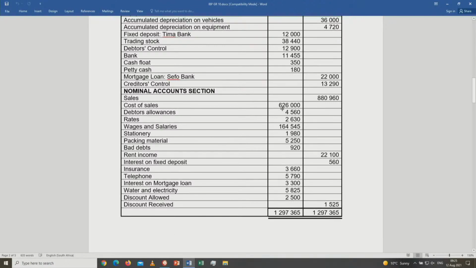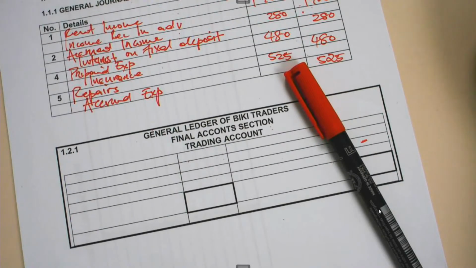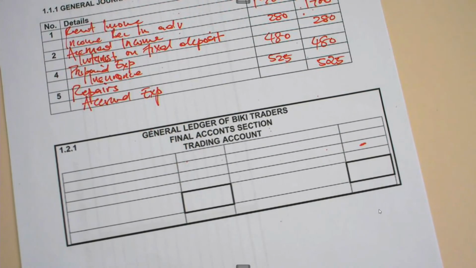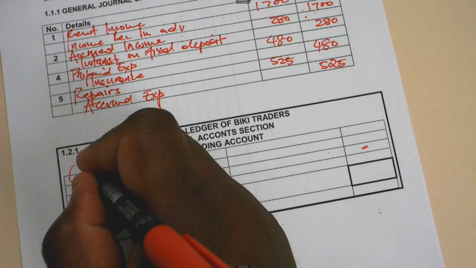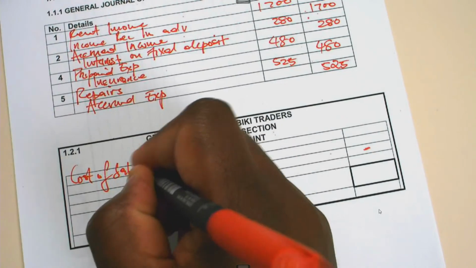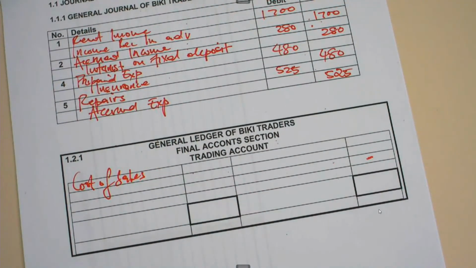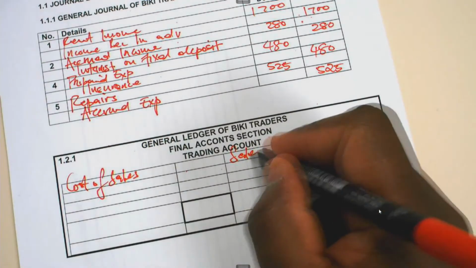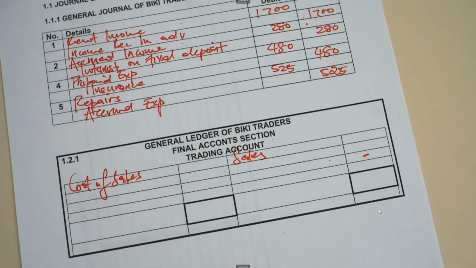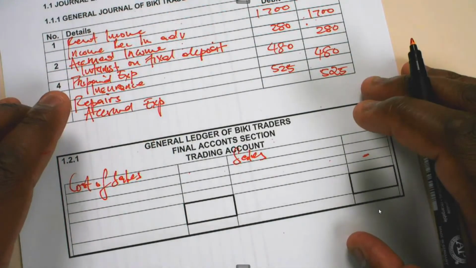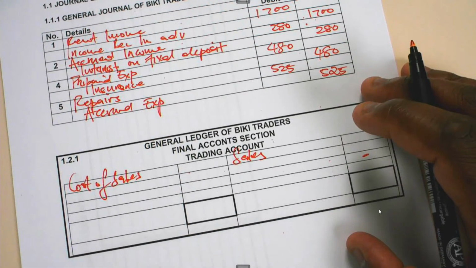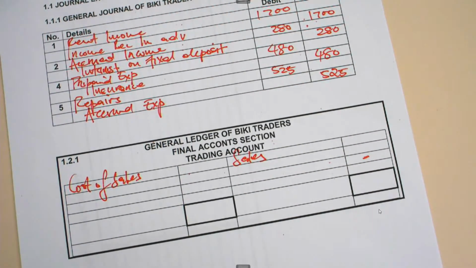Remember I said, on the debit side you'll get your expenses, and on the credit side you'll get your incomes. On the debit side of your trading account, that's where you will record your cost of sales, and on the credit side you'll record sales. Then we close it off with the profit and loss account, and that amount will be transferred to our profit and loss account.